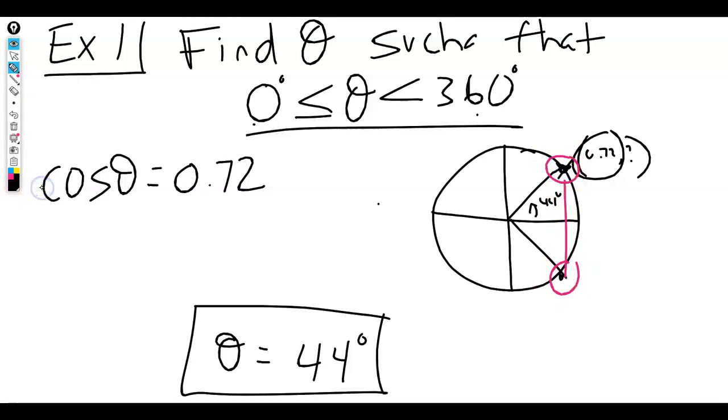So at that point down there, we're going to have 0.72 again for another x value. But we don't know what that angle is, do we? And that's what we need to find. We want to find out what the angle is. So, well, we know this. We know that this way is positive 44, so guess what this way is? It's negative 44.